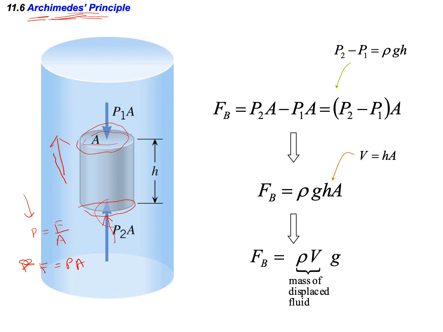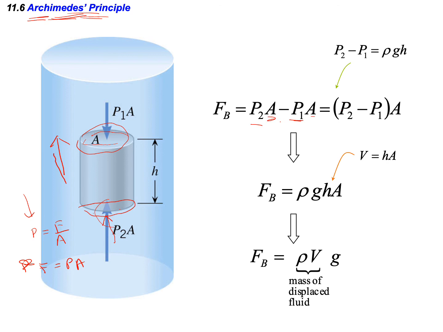It cannot go up or down because the force on top is the same as the force on bottom. But in this particular case, the force from the bottom is greater than the force from the top. So the force difference is P2A minus P1A, where A is the cross-section area, common to both terms.